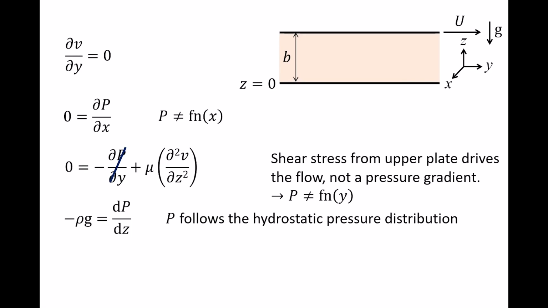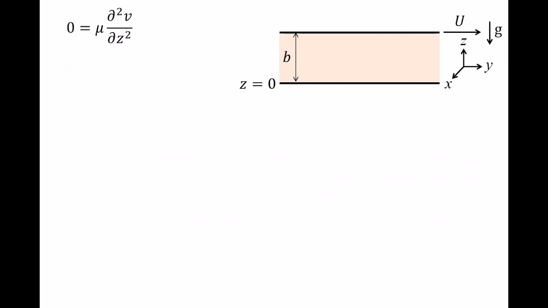Now we have enough information to find how the velocity component v varies throughout the flow. V appears in the Navier-Stokes equations in the y direction. We can eliminate the absolute viscosity by dividing both sides of the equation by mu, and we can rewrite the partial derivatives as full derivatives since v only depends on z.